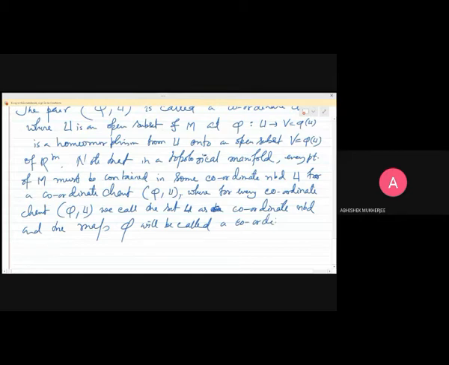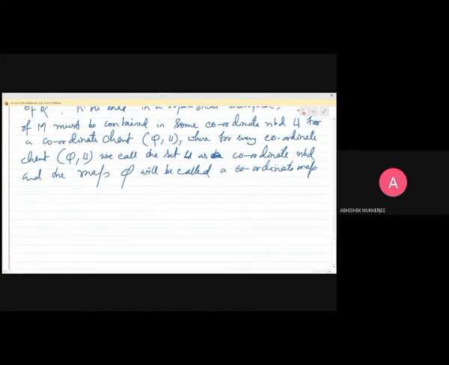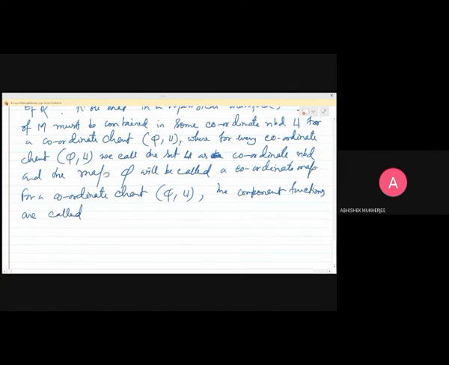Also, for a coordinate chart phi U, the component functions are called local coordinates on U.